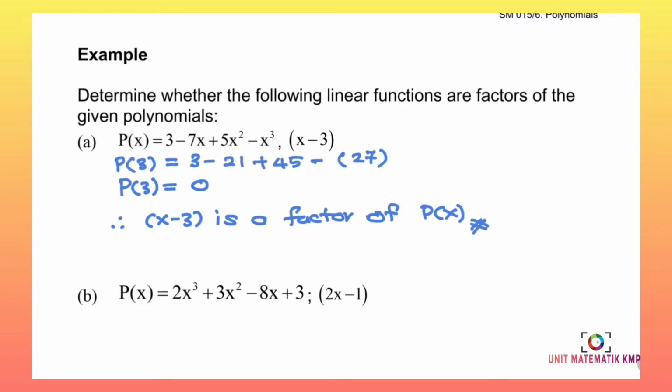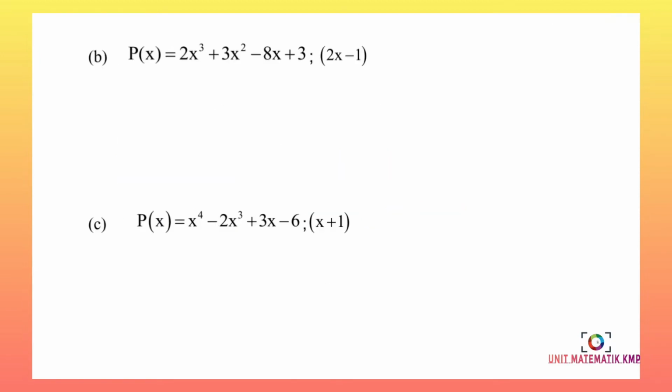Okay, let's see question B. We want to determine whether the given linear 2x minus 1 is a factor of the polynomial. What should we substitute for the value of x? The linear is 2x minus 1, so x should be 1 over 2.